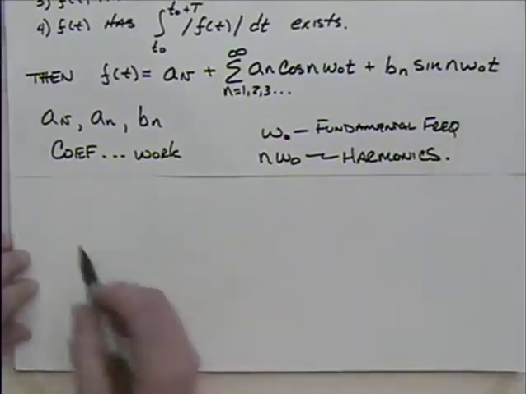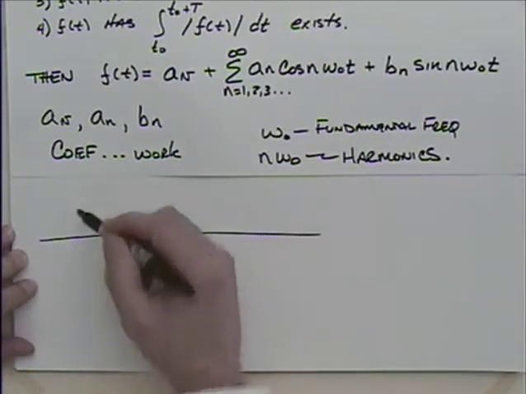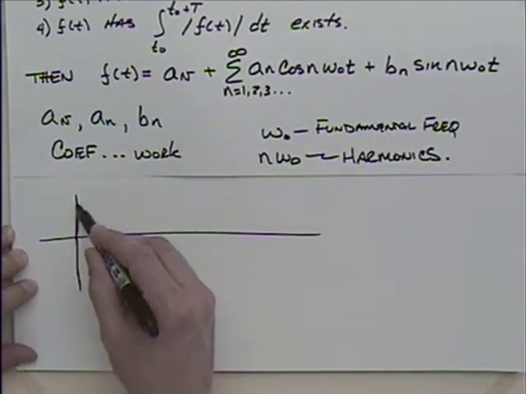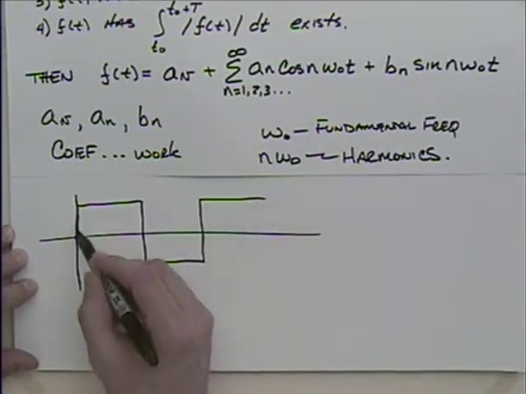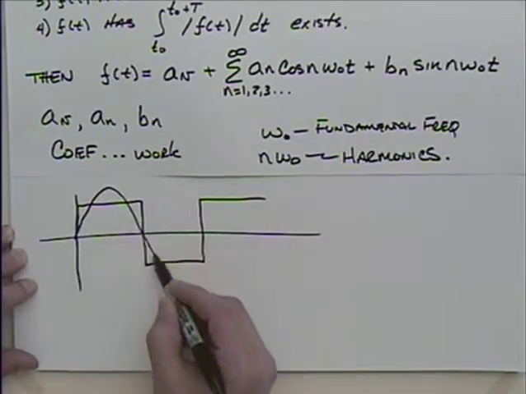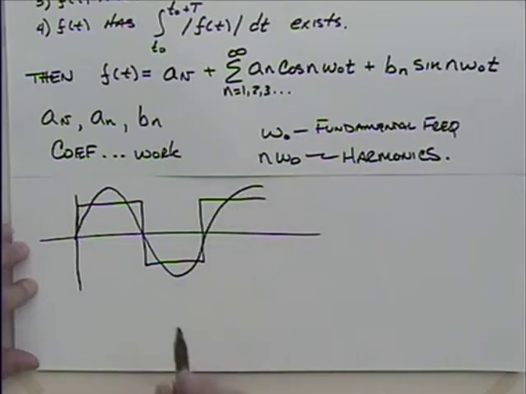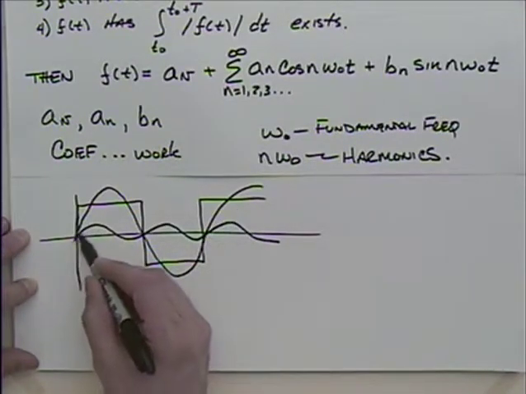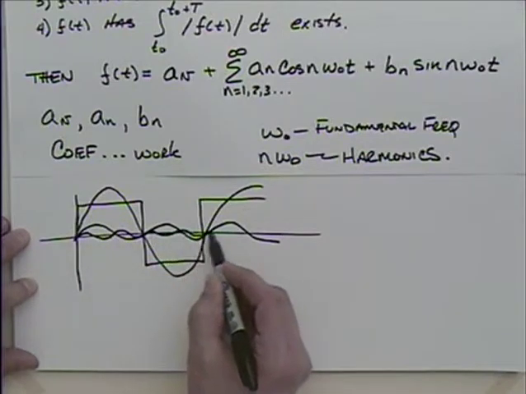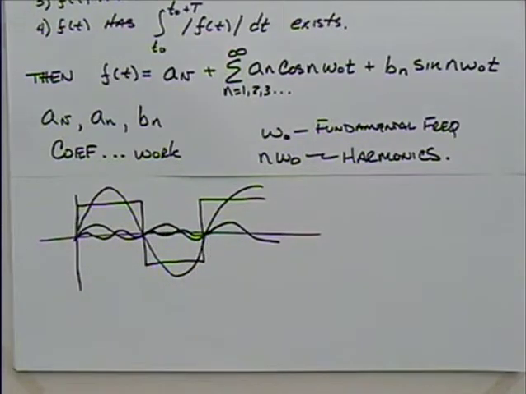The way it's going to build this square wave, for instance, it'll have the first one that's the frequency of the square wave, and then it's going to add one that's twice the frequency of the square wave, and then one higher and higher yet, and it'll continue to add those together to come up with a square wave.